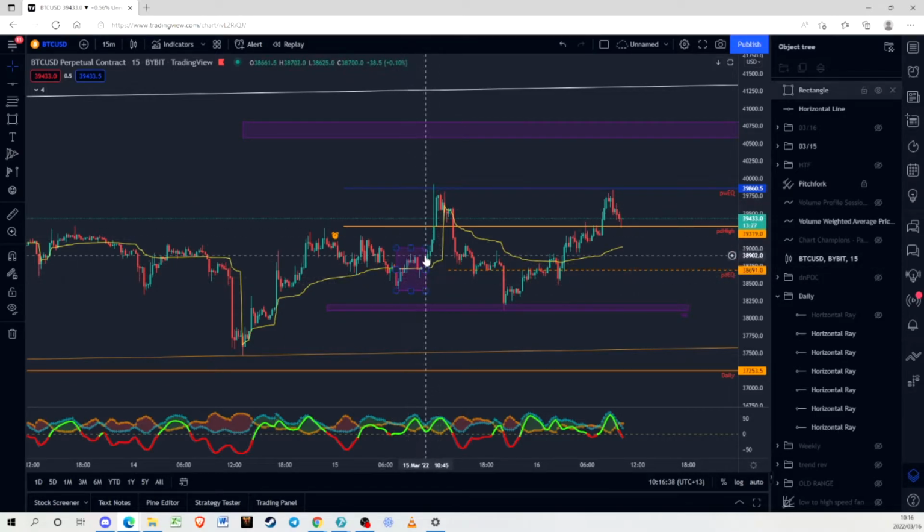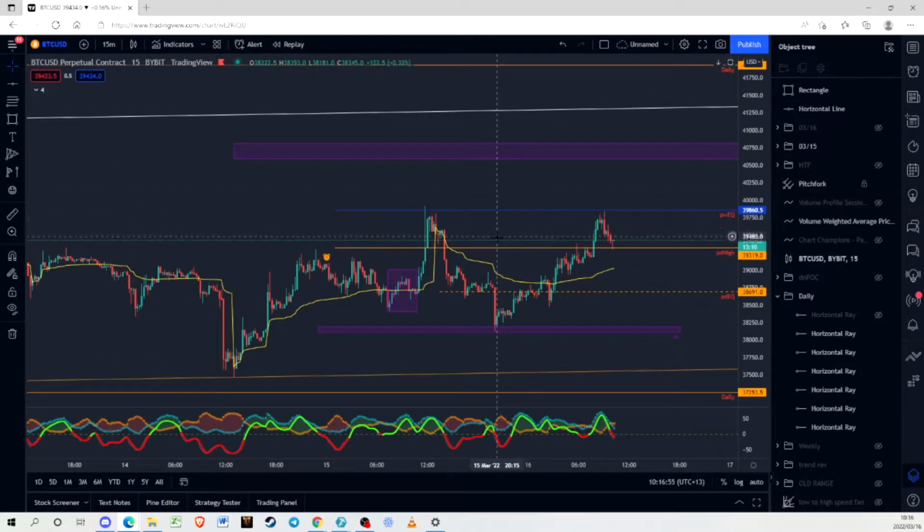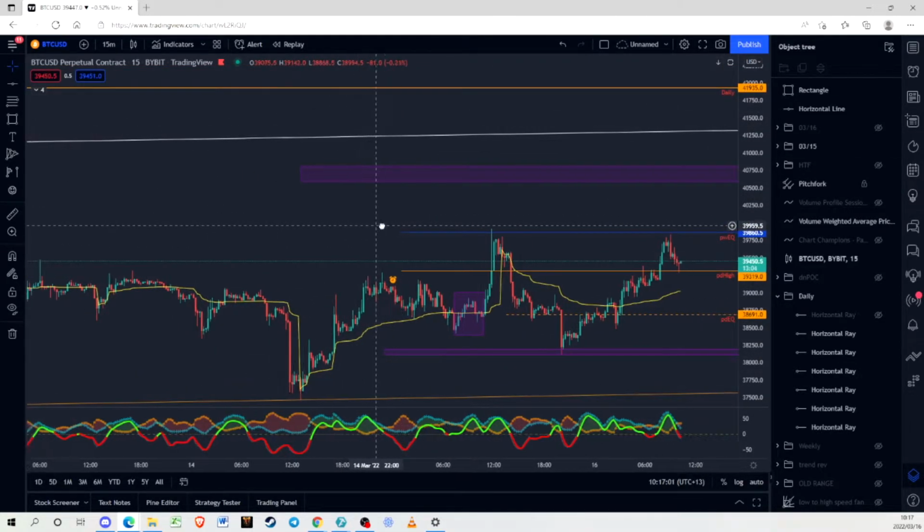So I was expecting higher. I thought either we were going to swing failure pattern to the previous day high, which was up here at 39,300, okay? Or we were going to go up, and another area I had marked was the previous week equilibrium, 39,860. And for me, it was an important level to get to.